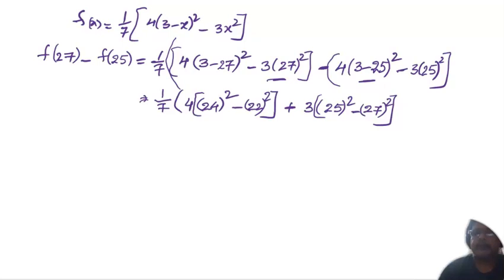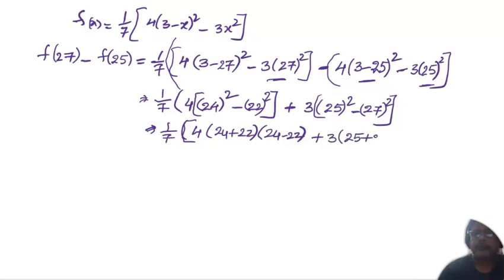These two I am taking common. So we get 1 by 7 into 4 into 24 plus 22, a plus b into a minus b, 24 minus 22, plus 3 into 25 plus 27 into 25 minus 27. The a plus b into a minus b, a square minus b square formula, you are using.